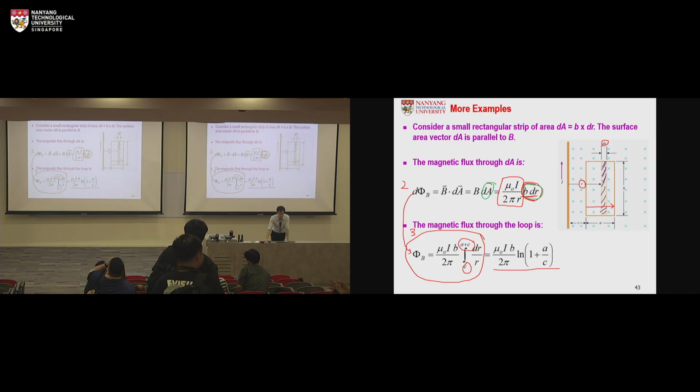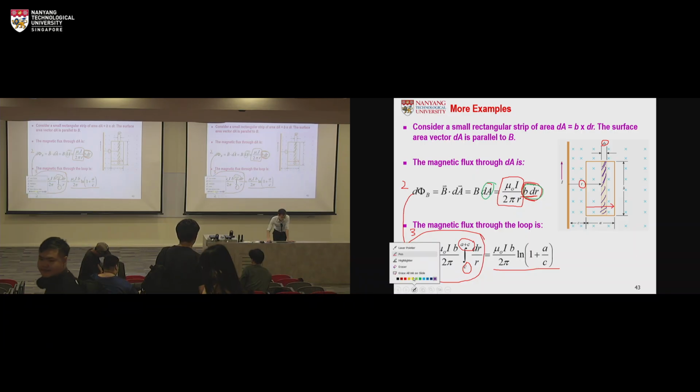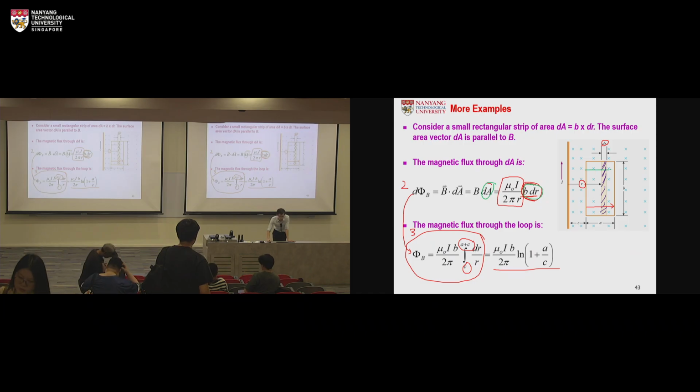What do you mean you use width to do the calculation? You mean you define a section like this, this one, and you think, does it still work? No, first of all, if you define this tiny section as that one, you need to first figure out if both B and dA are uniform.